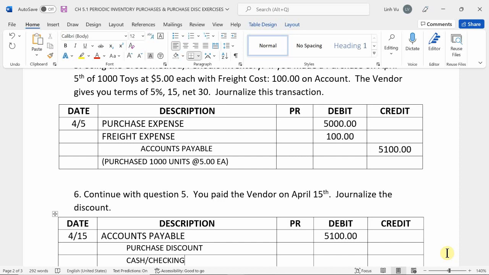Right. Okay, you mean the 5,000, not 5,100. Yeah, 5,000 because that's the original purchase price, right? And you multiplied it by the 5%, and that gave you $250. Good.